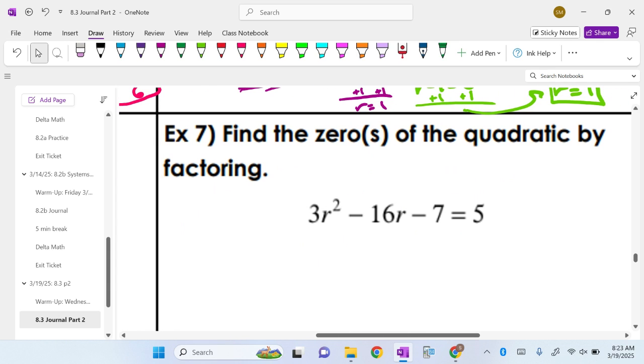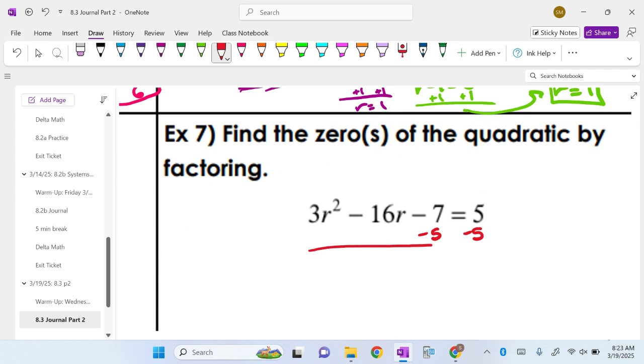So, example 7. What's the only thing I got to do to get one side equal to 0? Subtract that 5 to the other side. So, guys, my suggestion to you, sometimes the easiest one to move is the one with the least amount of terms.